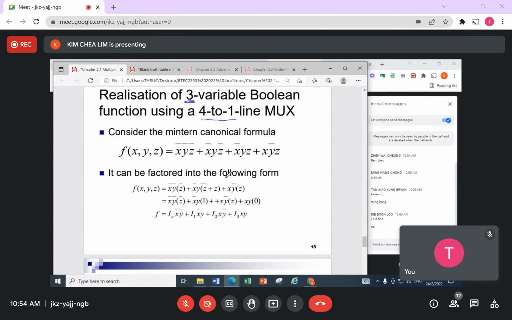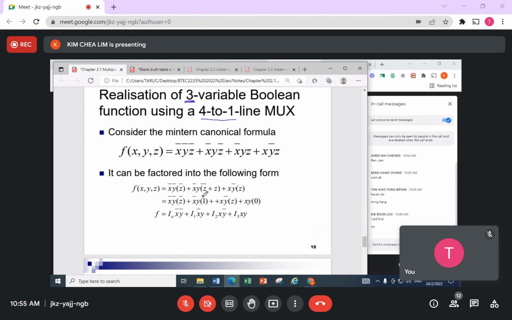When I want to do factorization, I can choose XY or I can choose YZ. Nobody chooses X and Z because it is very tedious, you are going to kill yourself. So we either choose XY or YZ, sorry, we choose YZ.